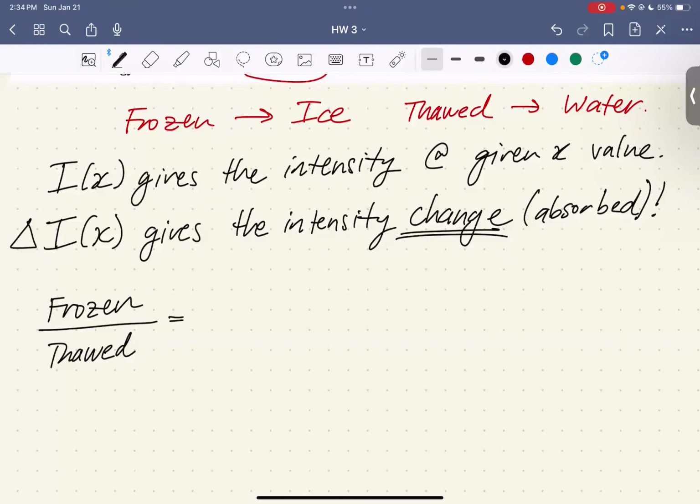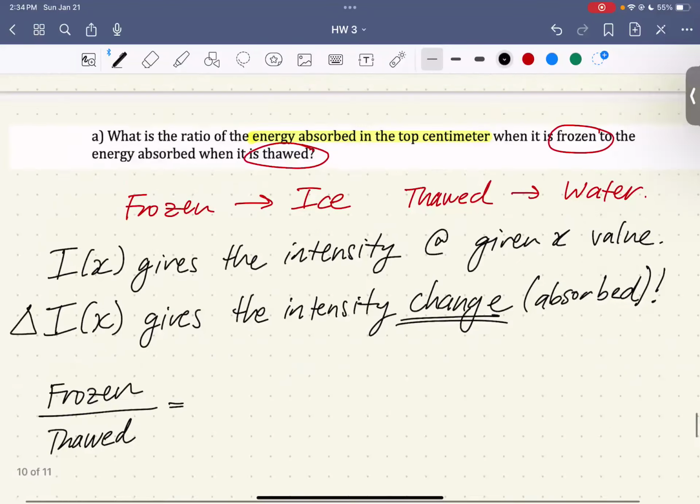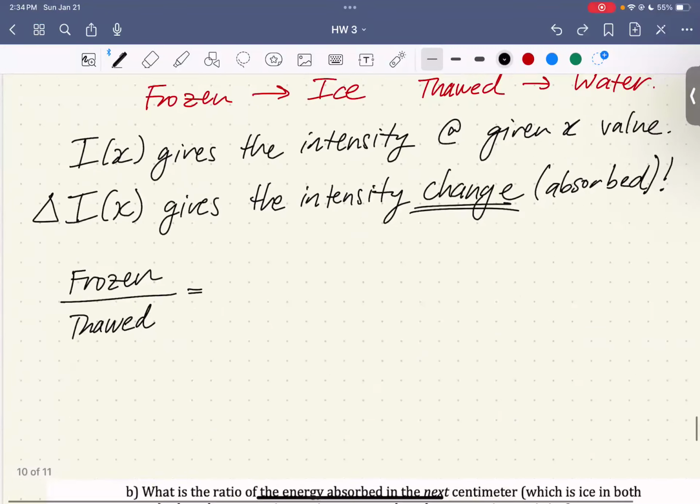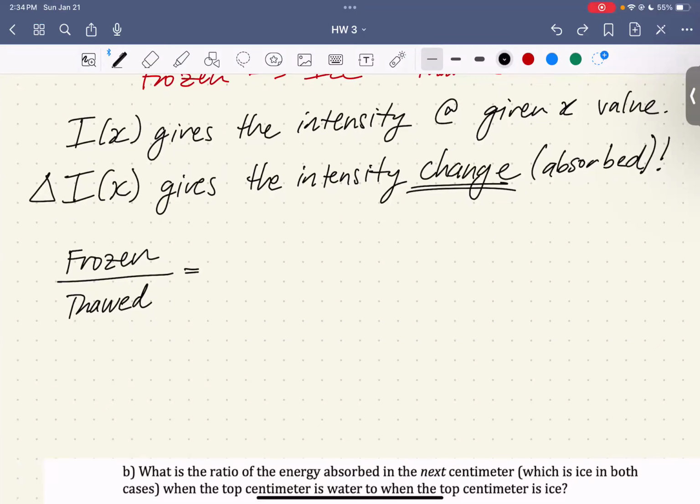But here we need to remember that as we go down from the top, downwards, what's going to happen to the intensity? It's going to be decreasing because the energy is being absorbed. So that means that we should write initial to final to know how much was actually absorbed. Okay, but also if you have both negative values in the numerator and denominator, it should cancel out still, but still it's important to know what we're actually trying to find here.